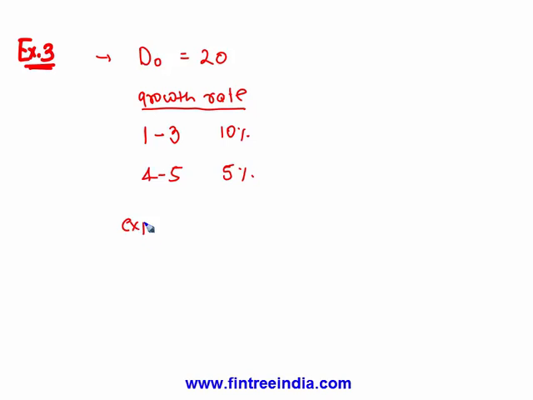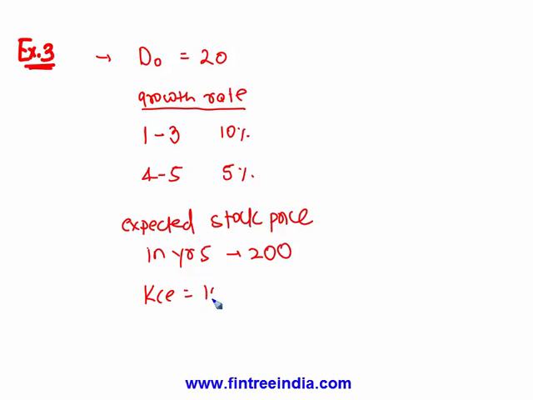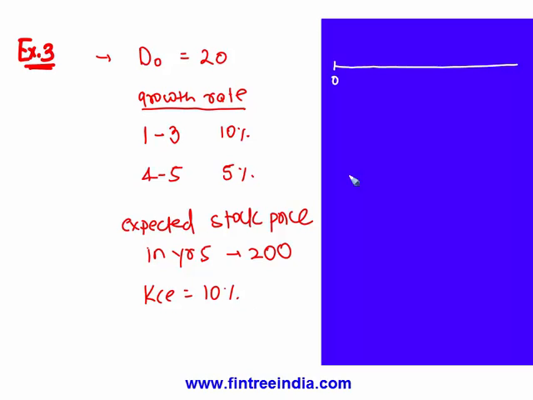Expected stock price in year 5 is 200. Cost of common equity 10%. Find out value of this stock. Alright, let's do it together. I'm building a timeline here. What we have to do is just plot the cash flows at the relevant place.